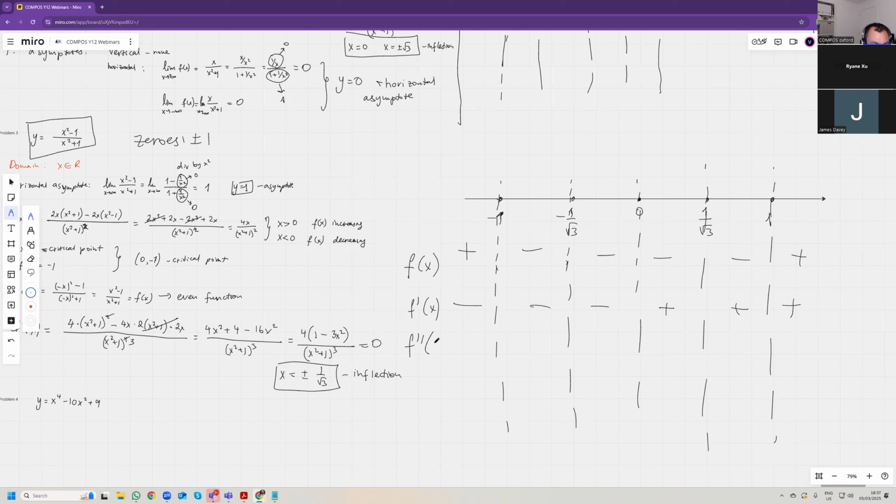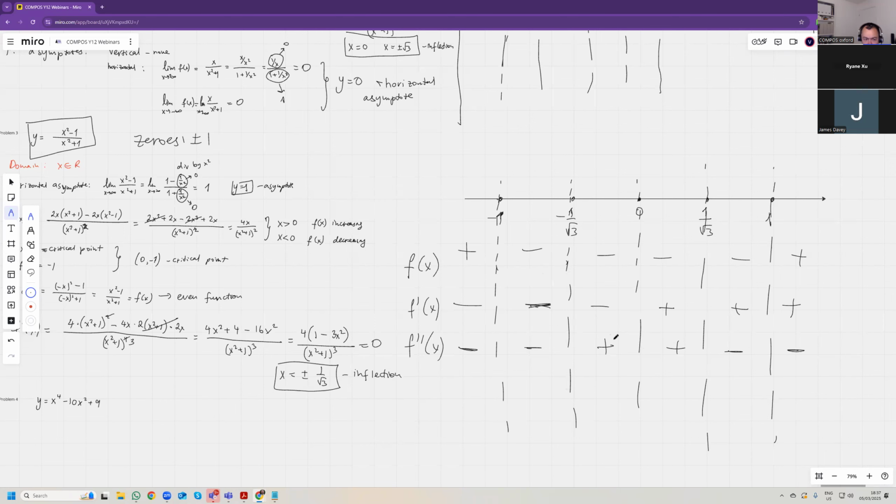And the second derivative, it is negative here, negative, positive, positive, negative, negative. And it kind of should be like that because it's an even function. So the function and the second derivative must be symmetrical, and the first derivative must be anti-symmetrical.